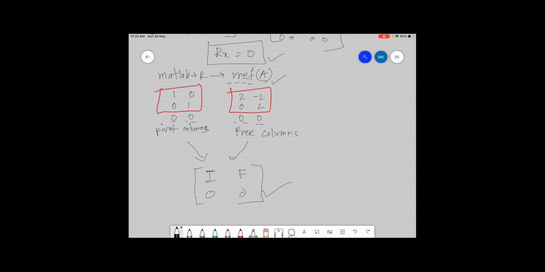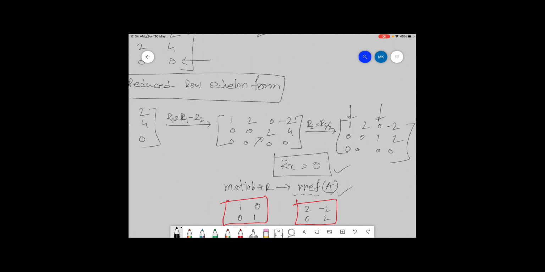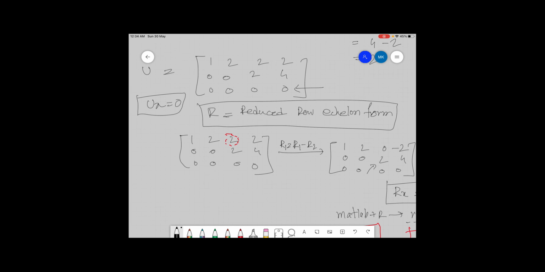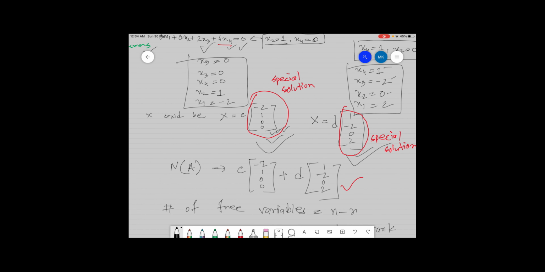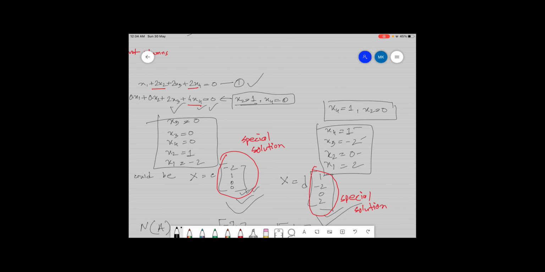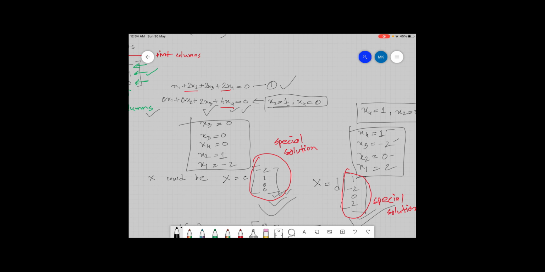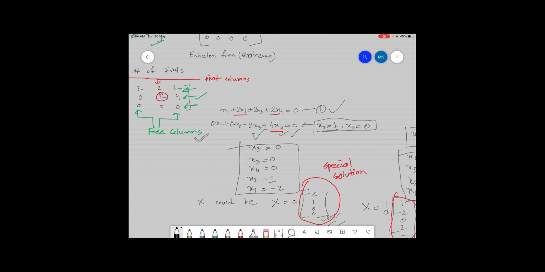Alright, there is one issue here: we used two free columns and we got two special solutions. If we have only one free column, what should we do? We have to assume the free variable as 1.